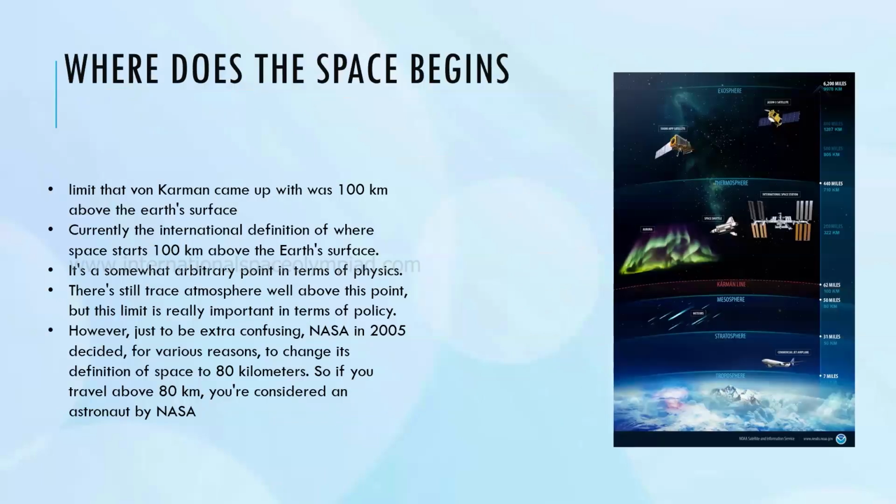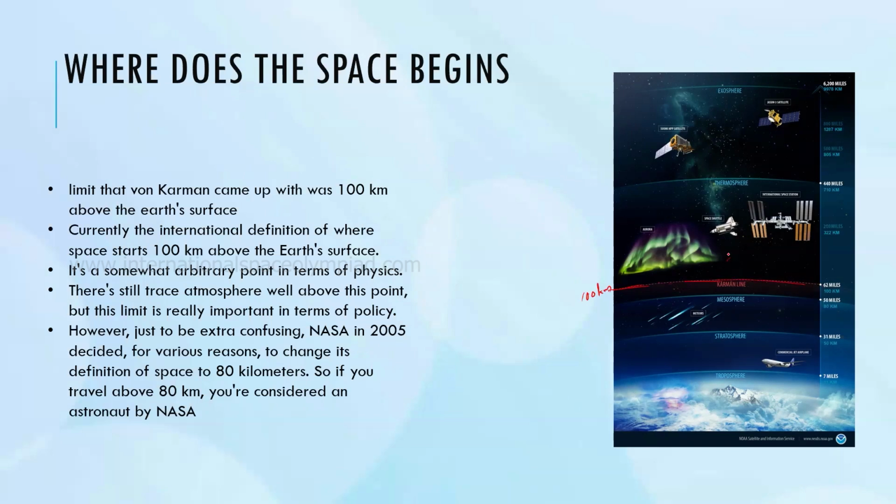Now the question is how high all these things are. Usually the limit is something like 100 kilometers, where space begins. You know that there are many layers: troposphere, stratosphere, mesosphere, and above all of that, we define a distance of just 100 kilometers.